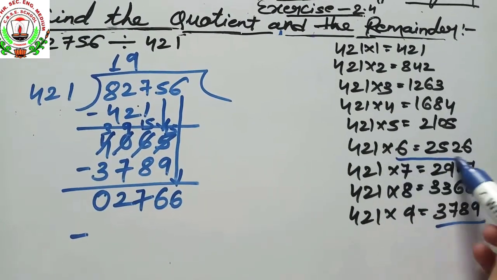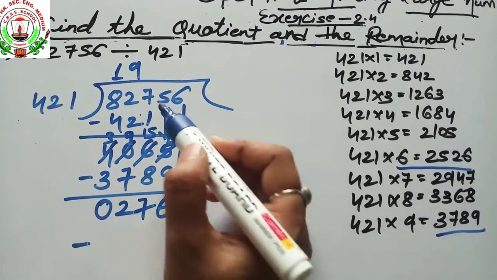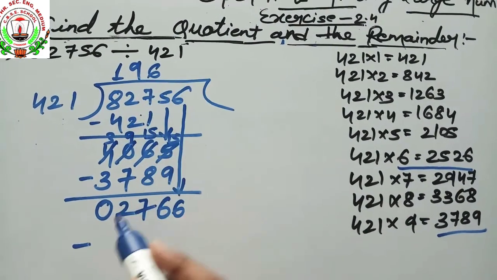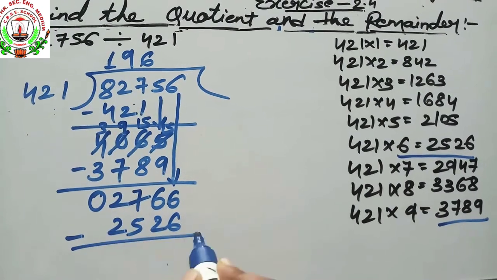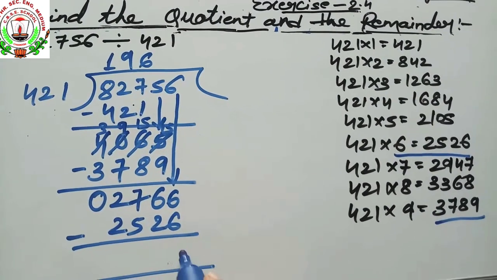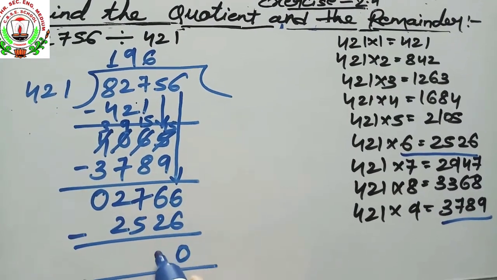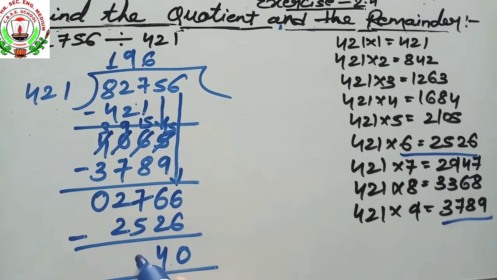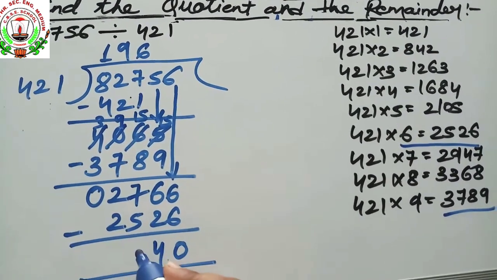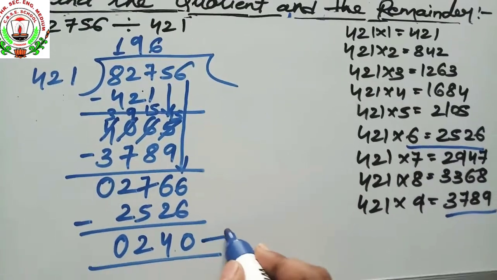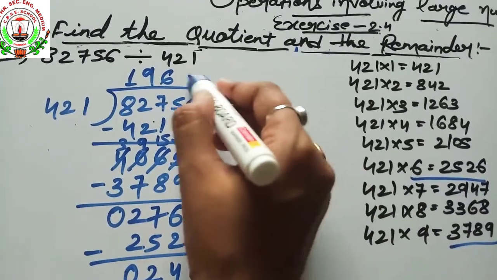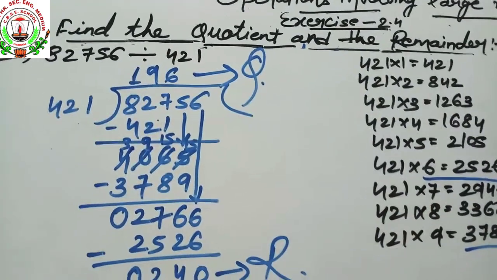Here we can see 2526, and 6 times it will be 2526. Then we have to subtract. 6 minus 6 is 0. 6 minus 2 is 4. 7 minus 5 is 2. And 2 minus 2 is 0. Again here we got the remainder. And this is the quotient.